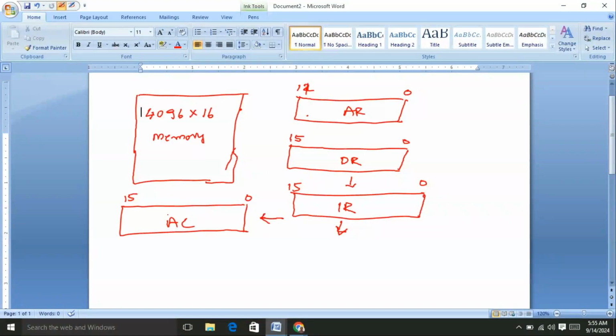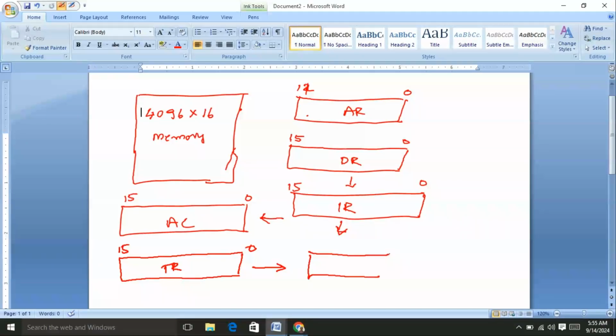Suppose there are any temporary results, we are going to use the temporary register. This is also 16 bits. This is the TR. So after processing, the output is sent to the output register. This is only 8 bits length, OUTR.